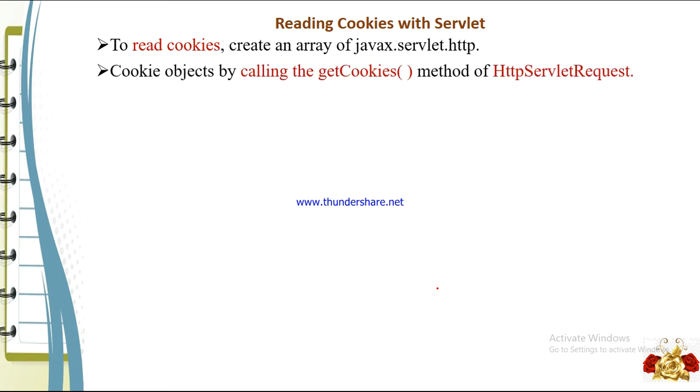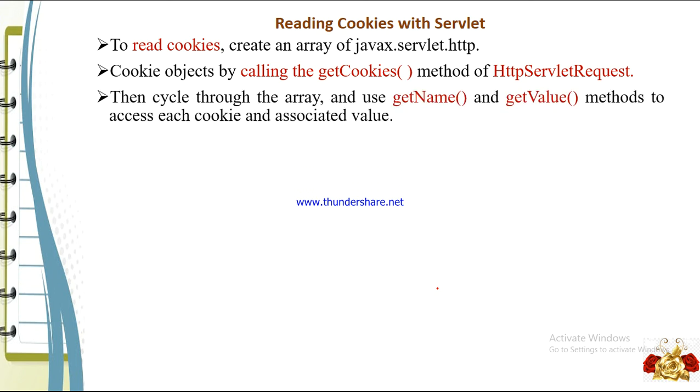In that situation, we have to create an array of javax.servlet.http.Cookie and call the getCookies method of the HttpServletRequest. Then cycle through the array and use getName and getValue. So you get the value of a particular cookie by using the getName and getValue functions, and the getValue method accesses each cookie and its associated value.